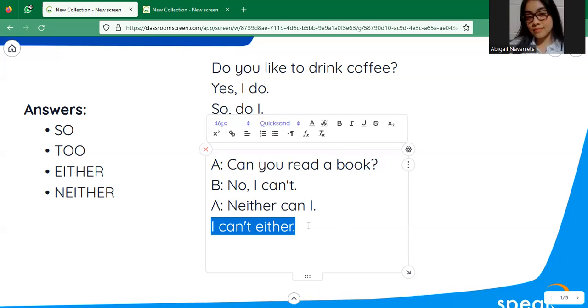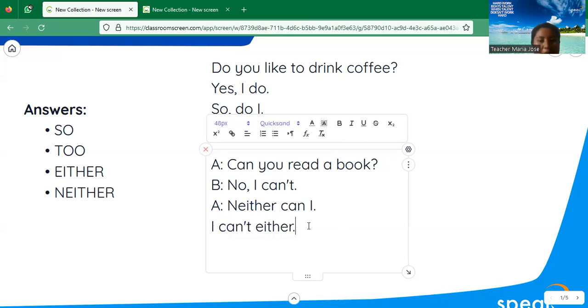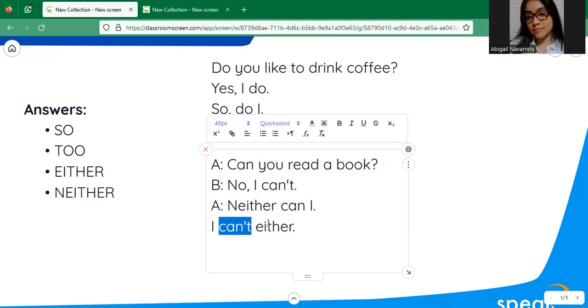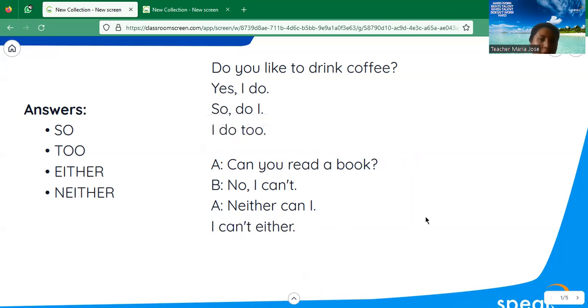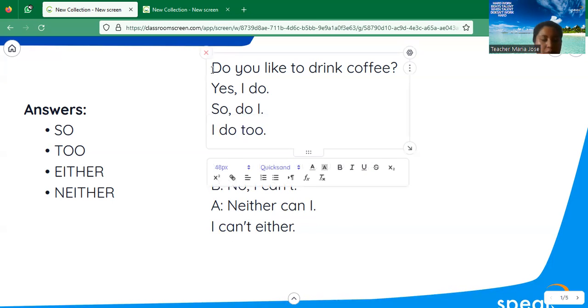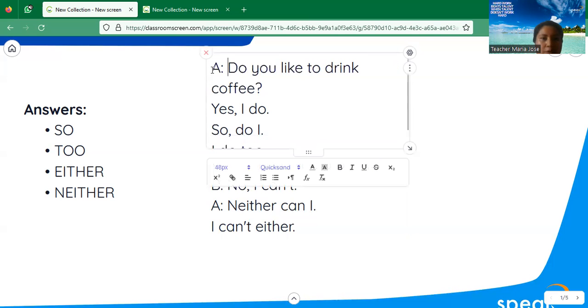I can't either. Okay. Either. Perfect. Very good. Because remember, we need to use the same model or the same auxiliary that we had in the question. Okay, very good option. I'm just going to add this one here because remember that this is like a conversation. We cannot forget that.